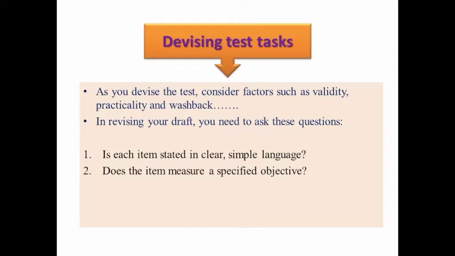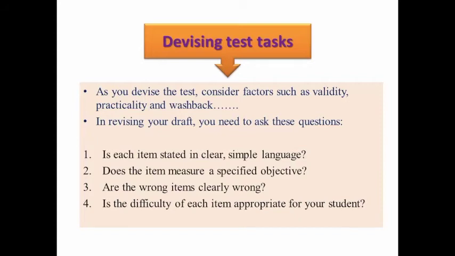Does the item meet a specified objective? Are the wrong options clearly wrong? That means there is no room for other possible answers. Is the difficulty of each item appropriate for your students? If it's not, then you need to revise your first draft again.